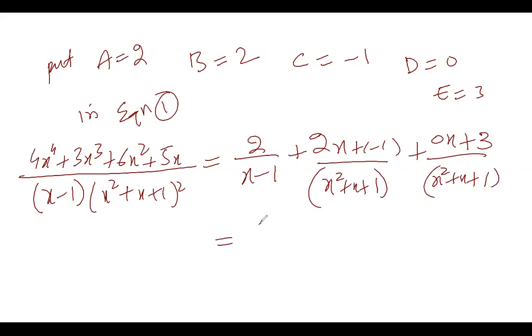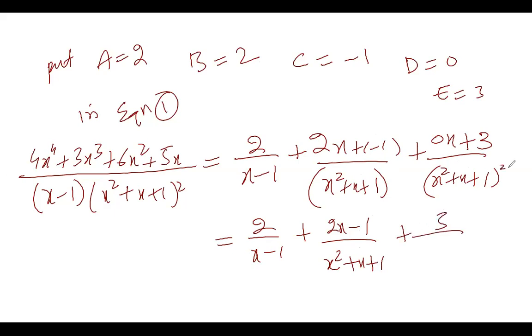If you simplify this: 2 over x minus 1 plus 2x minus 1 over x² plus x plus 1 plus 3 over x² plus x plus 1 whole square.